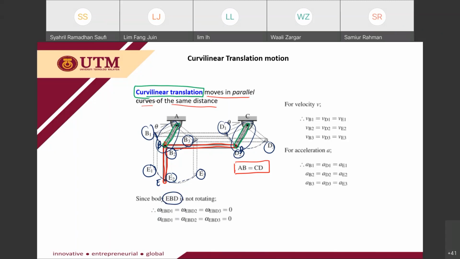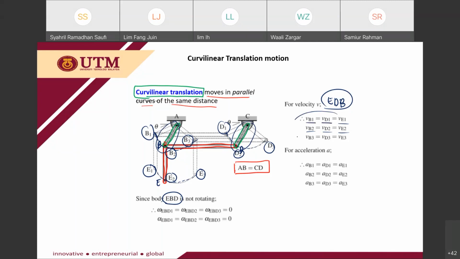The velocity on the EBD will be the same for every point in the EBD. In the EBD member, the velocity is the same. VB1 equal to VD1 equal to VE1, VB2 equal to VD2 equal to VE2. The same goes for position 3.